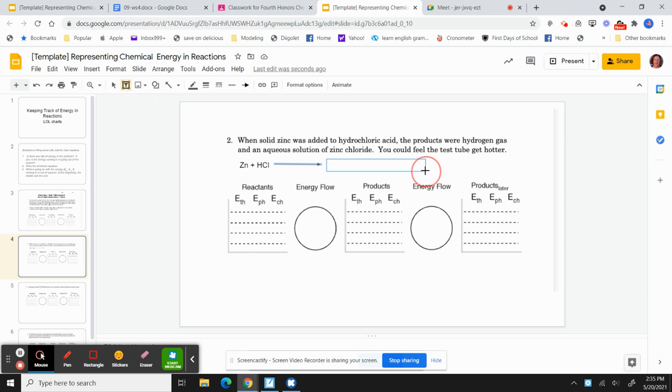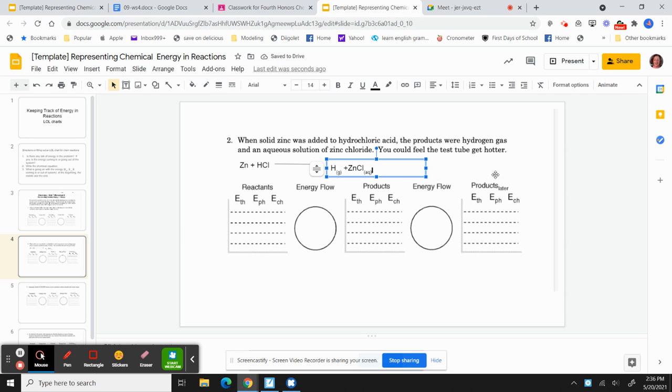Okie doke, we can write that. Hydrogen, and then we can put gas if you want. And an aqueous solution of zinc chloride. And aqueous, you guys, just means liquid. So again, you just put aqueous, that means liquid.